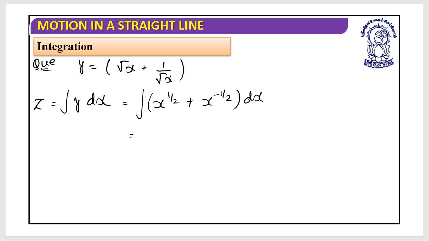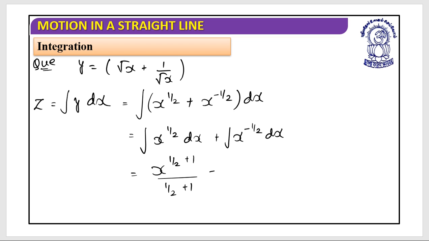Do this with me. Then my next step should be integration of x to the power 1 by 2 dx plus integration of x to the power minus half dx. If it is x to the power plus half, then it should look like x to the power half plus 1 divided by 1 by 2 plus 1, plus x to the power minus half plus 1 divided by minus half plus 1.